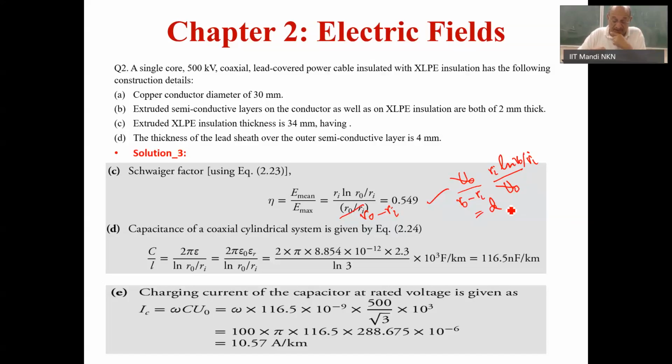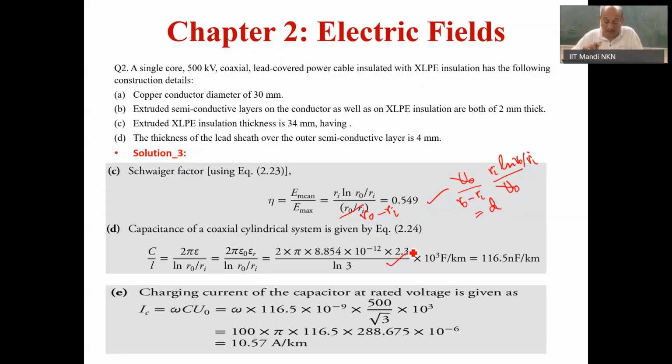And 2 pi epsilon naught is 8.854 into 10 to the power of minus 12 farads per meter, mind it. And the relative permittivity of the XLPE, you can take it to be 2.3. You can consider it to be 2.3. This I have also mentioned in the lectures earlier.